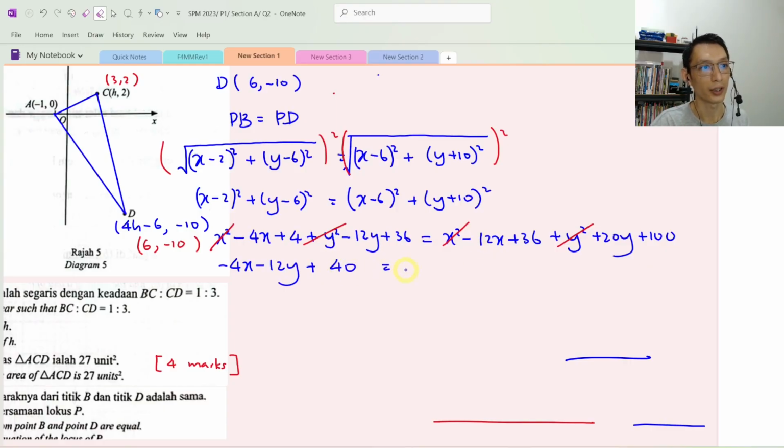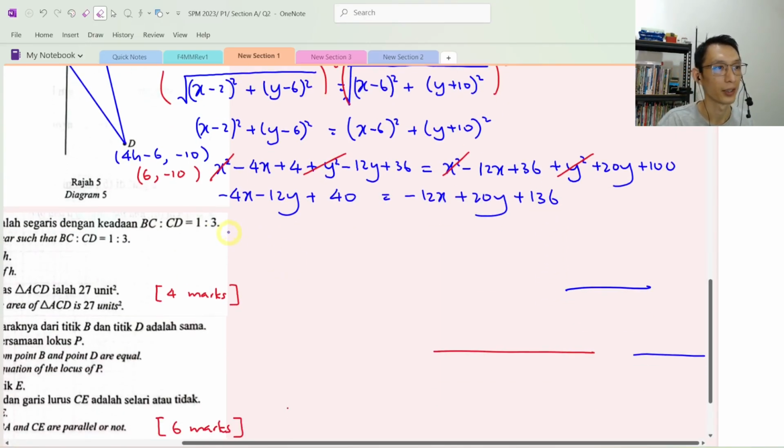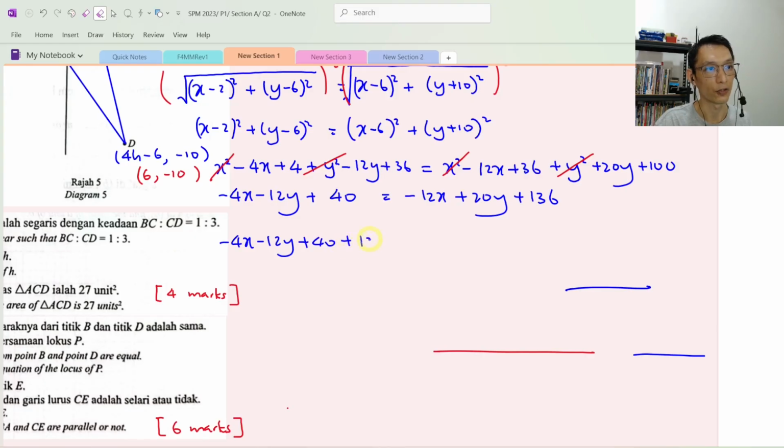So how about this one? Minus negative 12x plus 20y plus 136. So I'm going to move all these terms to the left hand side. Negative 4x minus 12y plus 40 plus 12x minus 20y minus 136 is equal to 0.